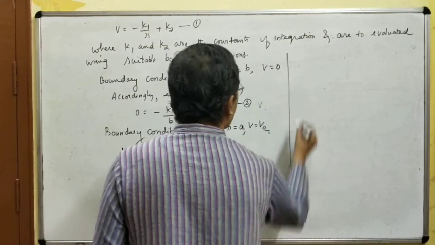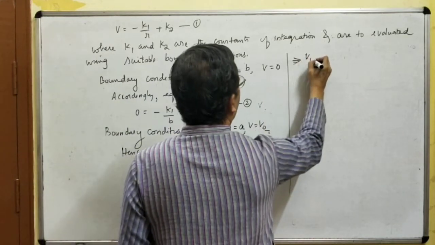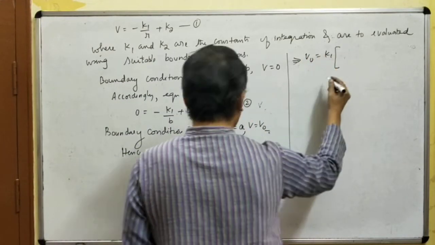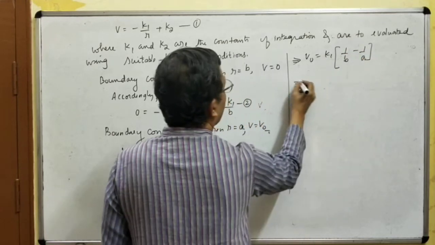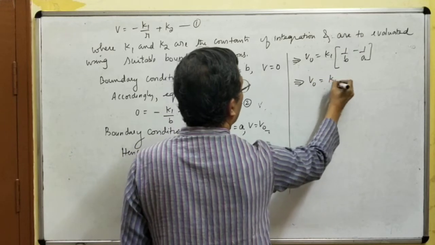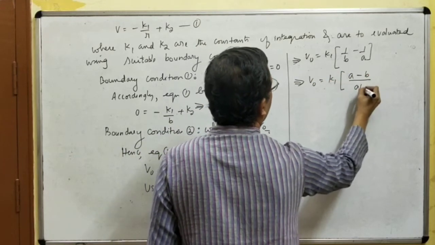This implies v naught is equal to k1, if you take common, 1 by b minus 1 by a. This implies v naught is equal to k1 into a minus b divided by ab.